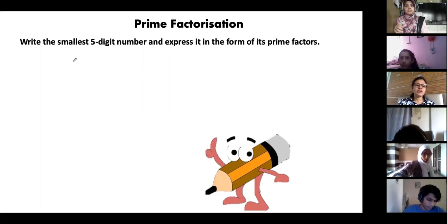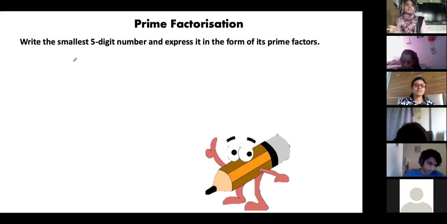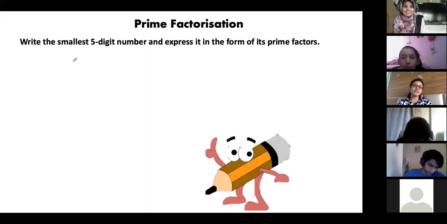How many twos are there? Just find out. Afia, what happened? Not feeling like doing? I'll wait. Let me see how much time you're taking to find out prime factorization.